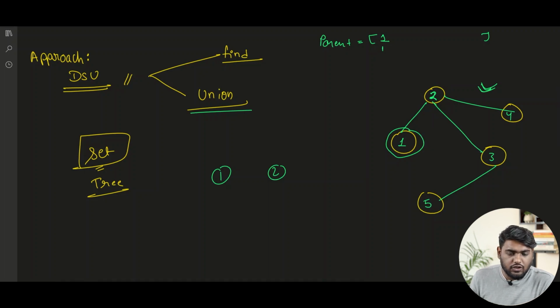So here as the option, let me just make up this connection. I will introduce 2 as the child of 1. Fine. Now what will happen at the second index? What will be written? 1 will be written.